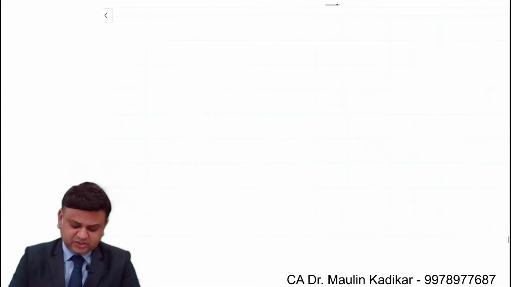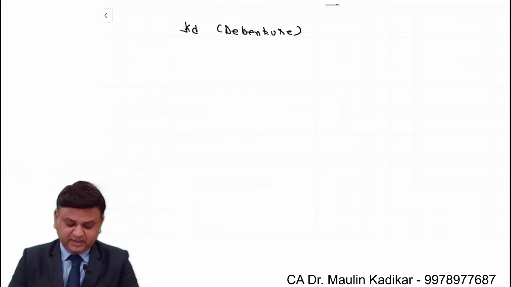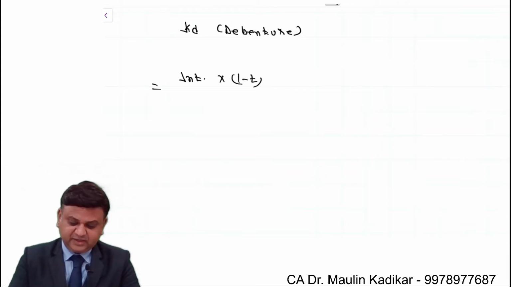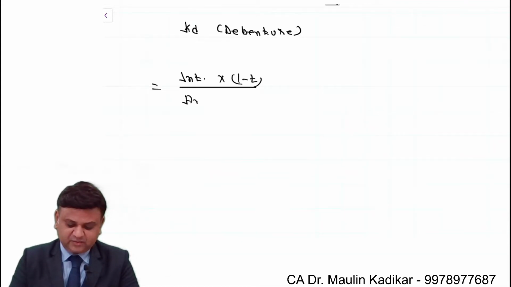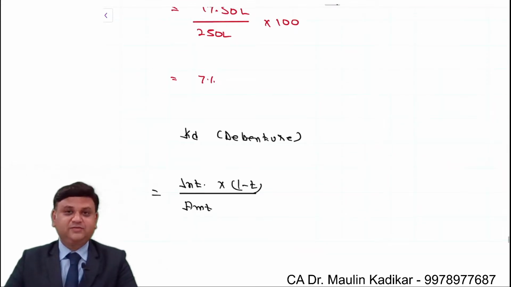The next is the cost of debt financing through the debenture. In that we have been provided with the information that the rate of interest is comparatively less. So it is interest into 1 minus T divided by amount. That is the way we are required to calculate the cost of debenture.